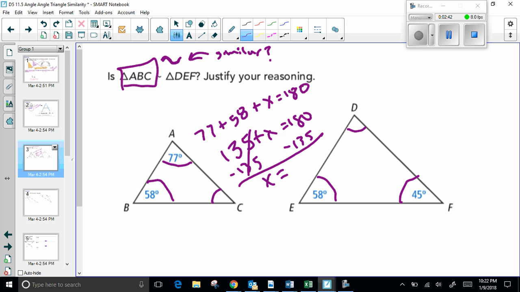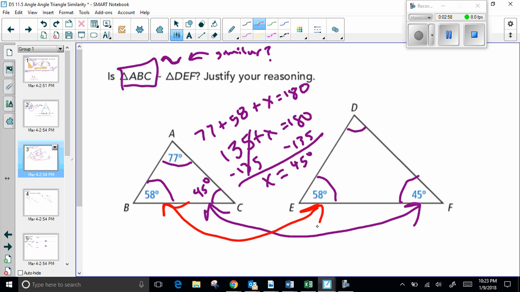Okay, so now I know that x is equal to 180 minus 135, that's 45 degrees. When I put 45 degrees in here, it makes it pretty obvious that these two angles match up, as well as these two angles. Once I have two angles that are congruent, I can say for sure, yes, the two triangles are similar.